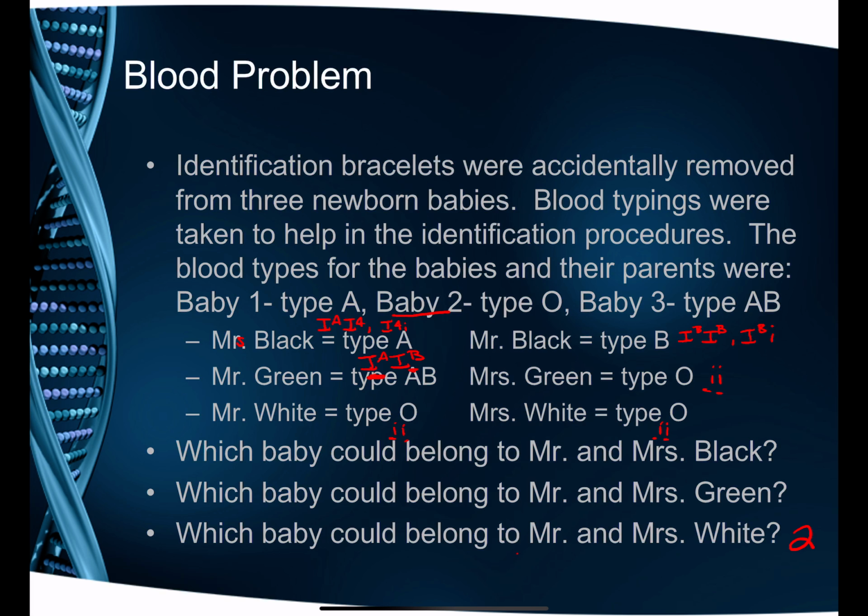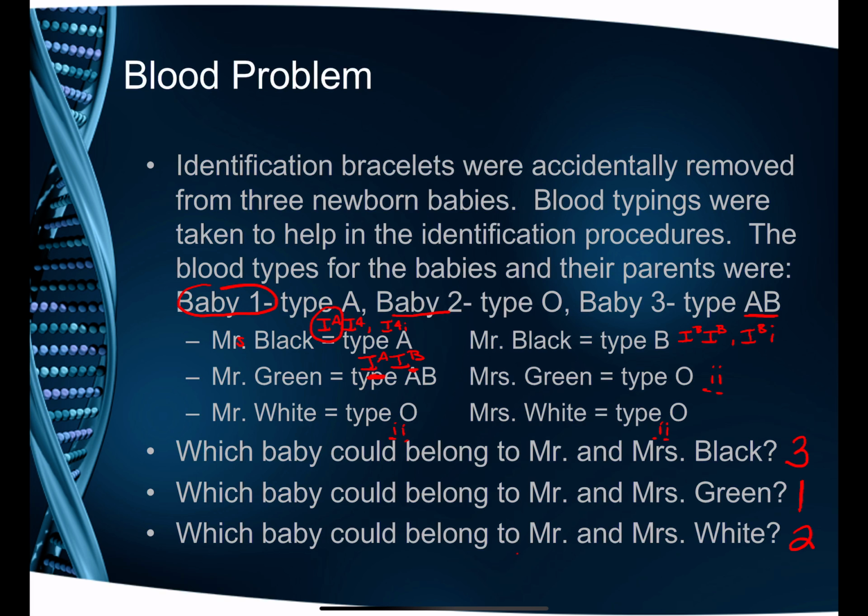So that's going to mean that baby 1 is going to belong to the Greens, okay? Leaving baby 3, type AB, to belong to the Black family. And so that means that they inherited an I big A from mom and an I big B from dad, okay?